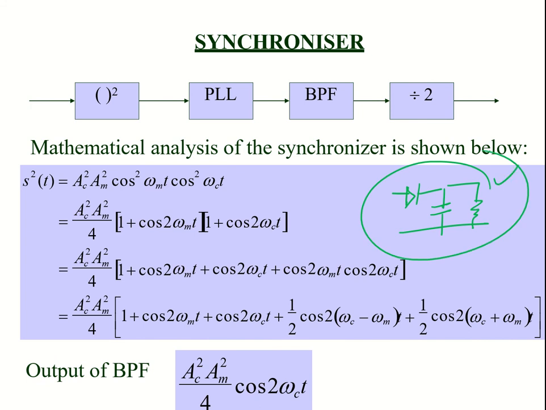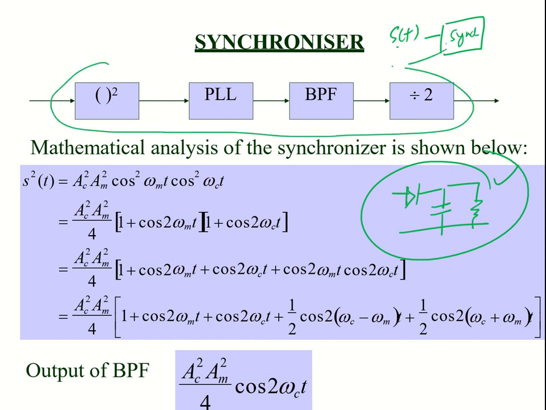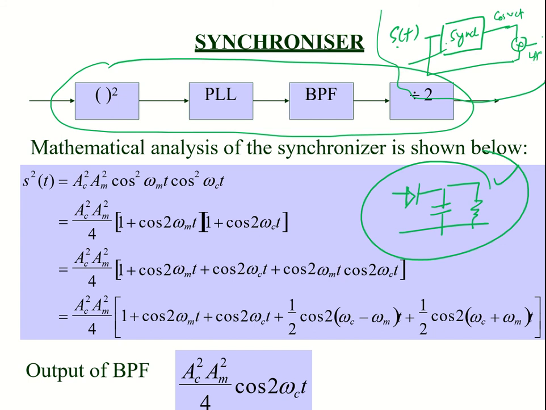But in the double sideband suppressed carrier, with the modulated signal you first need a synchronizer block. Inside the synchronizer block you have to implement this whole thing, and here you will get the carrier signal. Then you multiply the modulated signal with this carrier signal, and then use a low pass filter and go on.